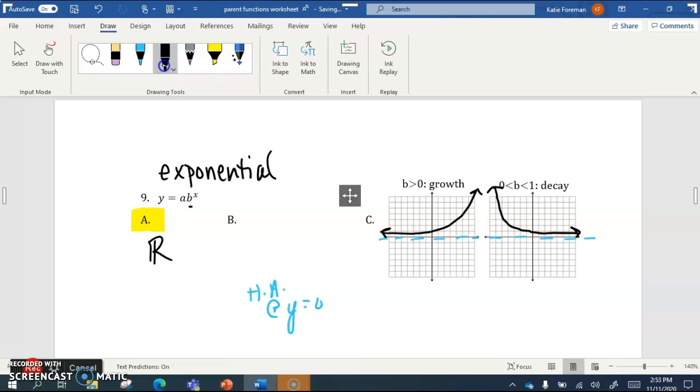We can always plug it into our function and get an output. The outputs, however, notice that my range are all positive numbers. We do an extensive study on why it can't equal 0, when we come back to our exponent rules. But my range, because I have that horizontal asymptote, y can't equal 0. And no matter what my input is, all my outputs will be positive.